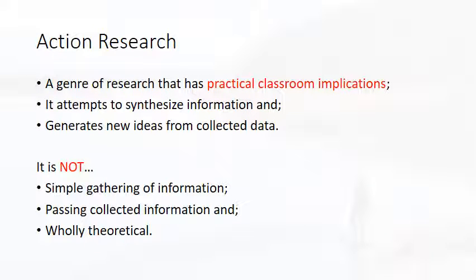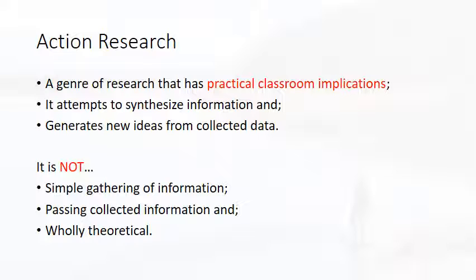So a couple of interesting things about action research. For me, the most important part of this whole sequence is what's highlighted in red at the very top in the first bullet point. Action research has to have some sort of practical classroom implication. And that corresponds to the opposite, which is that bottom bullet point at the very bottom.